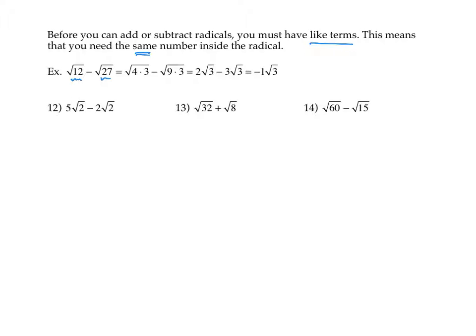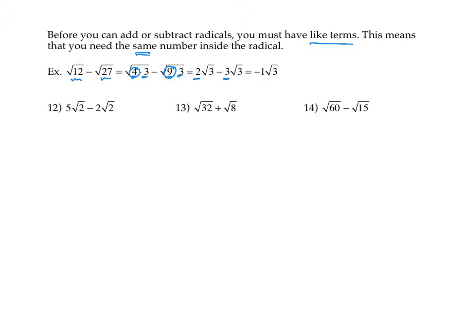The square root of 12 factors into 4 times 3, and the square root of 27 factors into the square root of 9 times 3. That square root of 4 is going to become a 2 out in front, times the square root of 3. The square root of 9 is 3, that goes out in front, times the square root of 3. And now you have like terms.